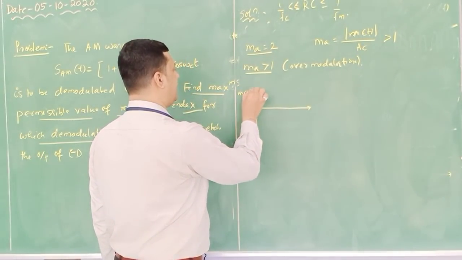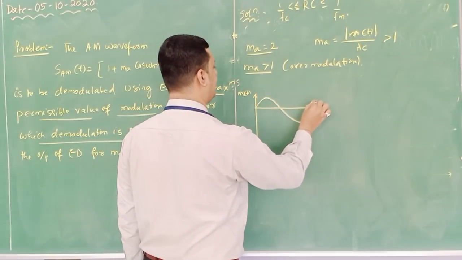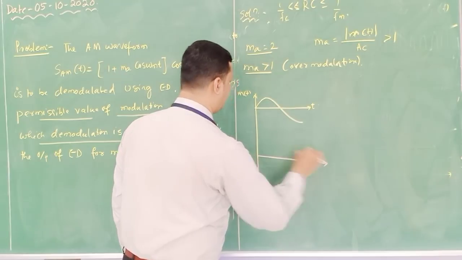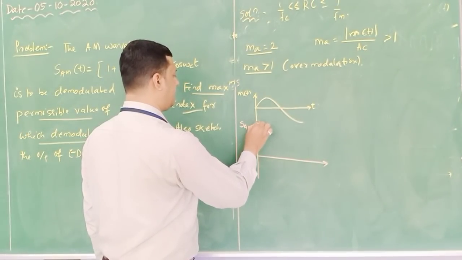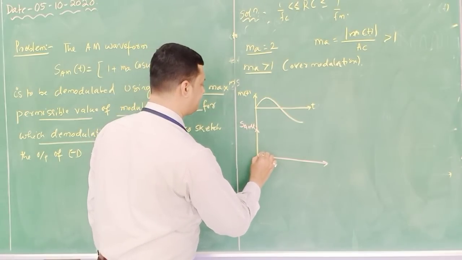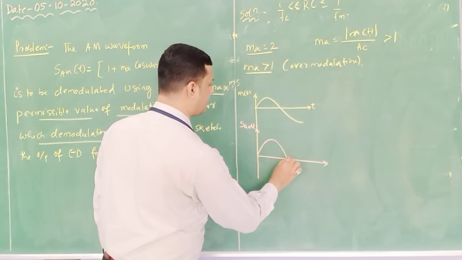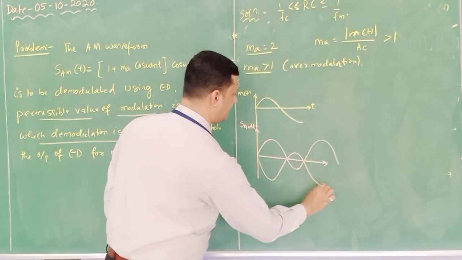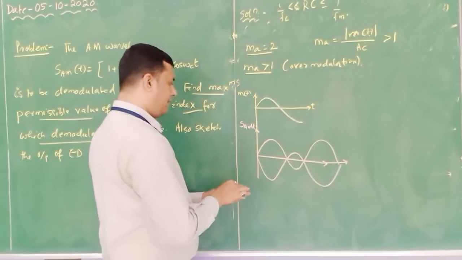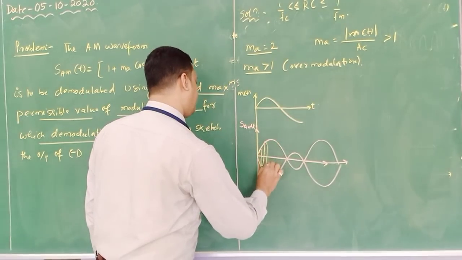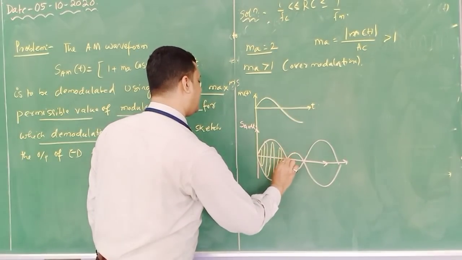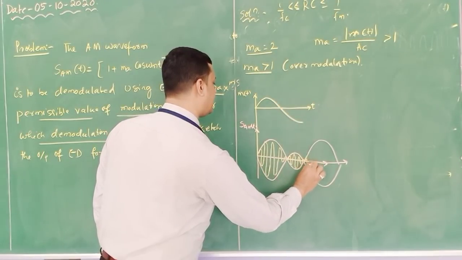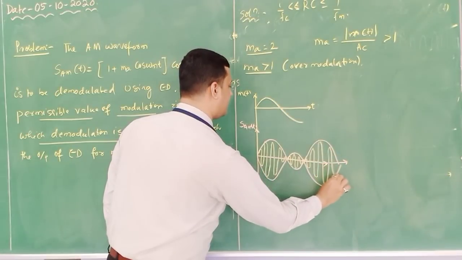So this is my modulating signal. Let us consider it like this. Now for this modulating signal, in the over modulation case, we will get the modulated wave s_AM(t), which is this one. Here Ma is greater than 1, so envelope distortion will come, in which phase reversal takes place, which contributes noise, and we cannot recover the original signal.